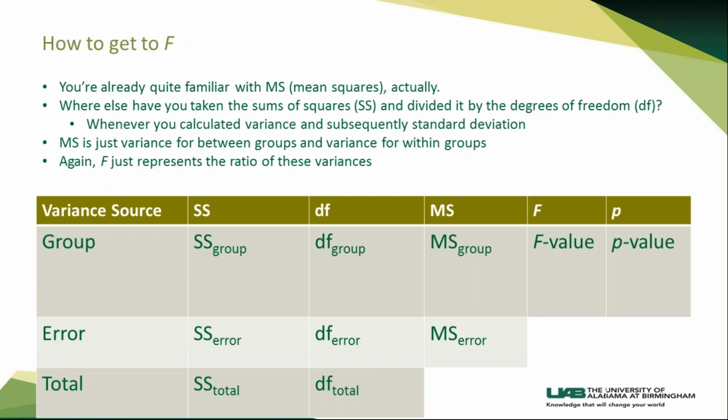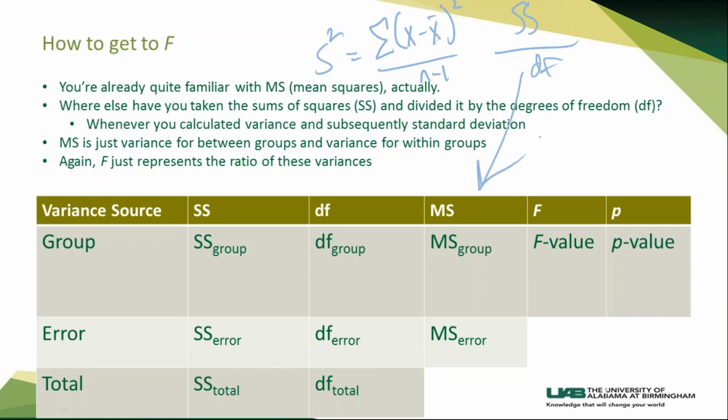But up to that point, if you can recall the formula for variance, the old formula here, that is the same thing as sums of squares divided by degrees of freedom. So that's practically the same thing as mean square there. So even though you will not necessarily be making that calculation, you've been doing this.